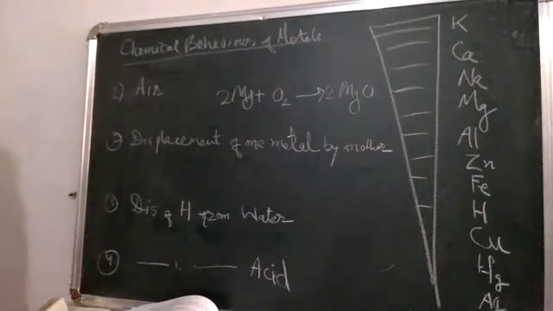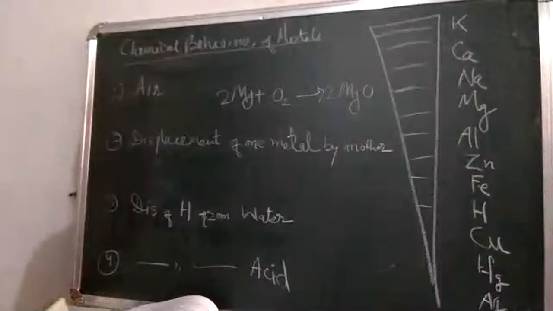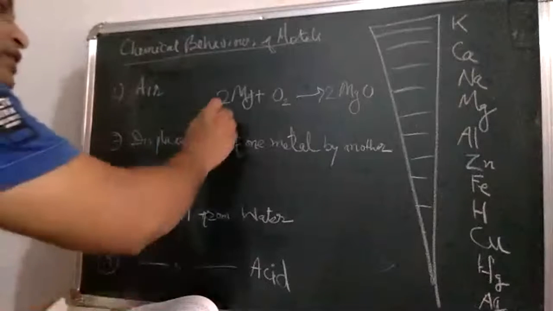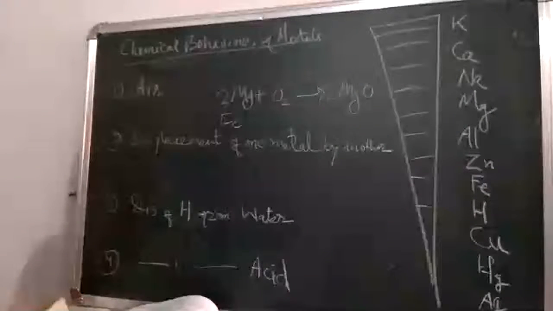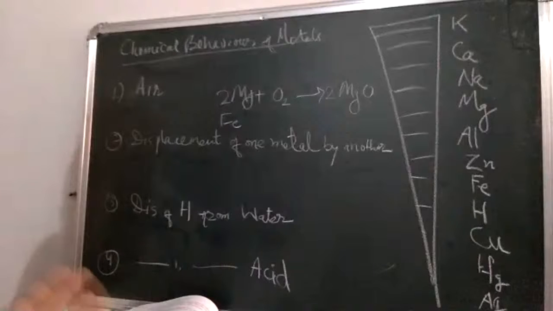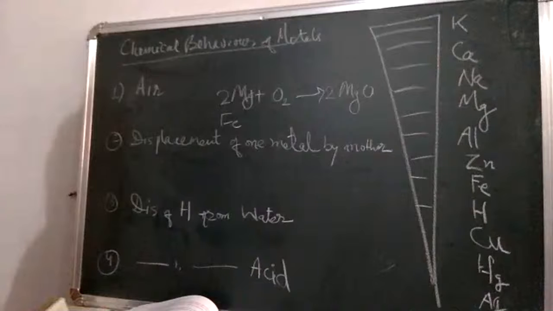The other thing is, if you keep iron in air which has some water content, so humidity is there. If air contains some moisture in it, then what will happen? The iron creates some brownish material above it.